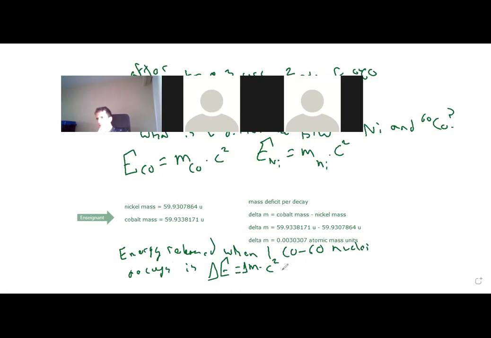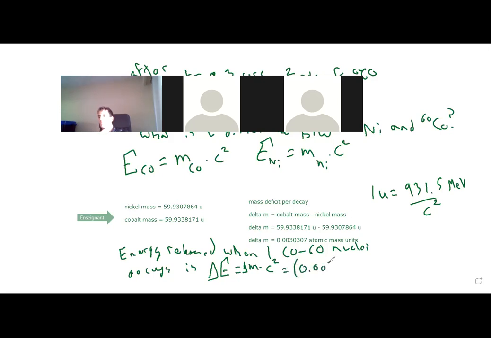Because right now we have delta M in atomic mass units, but c squared is in meters per second, there's a quicker way to get the energy, because there's a relationship between mega electron volts, atomic mass units, and c, which we can take advantage of: one atomic mass unit is equal to 931.5 mega electron volts divided by c squared. So you can use that conversion.